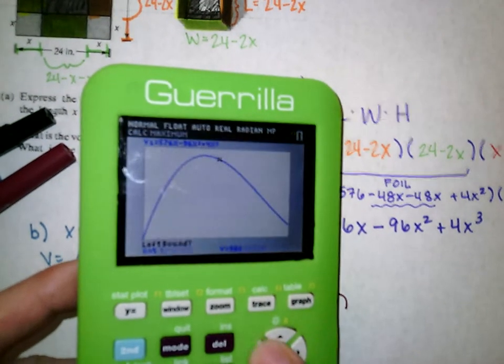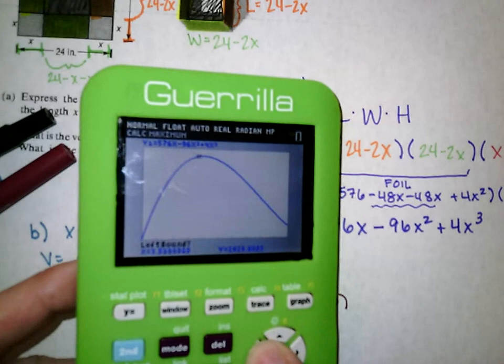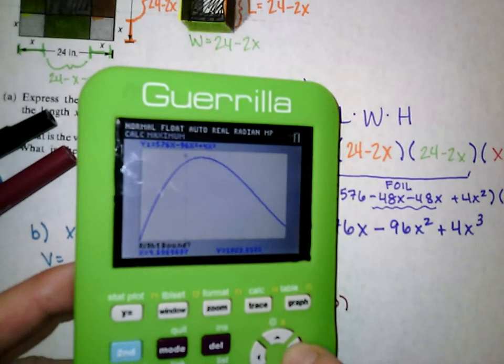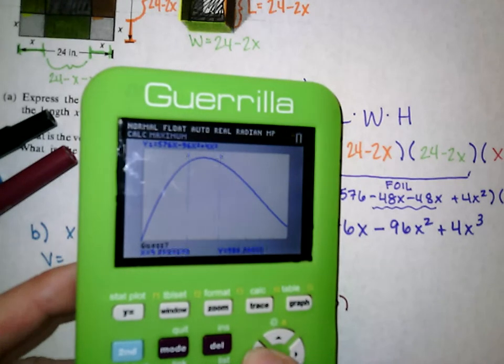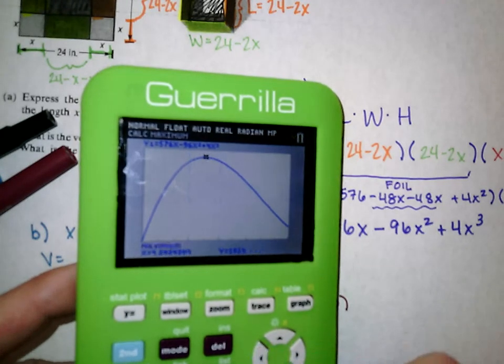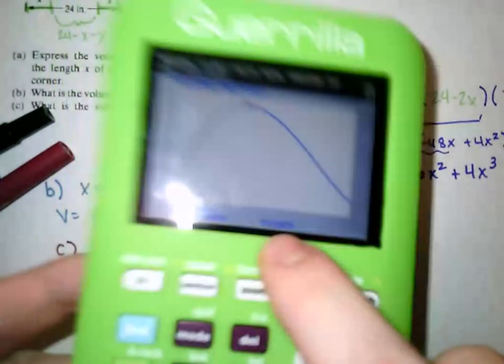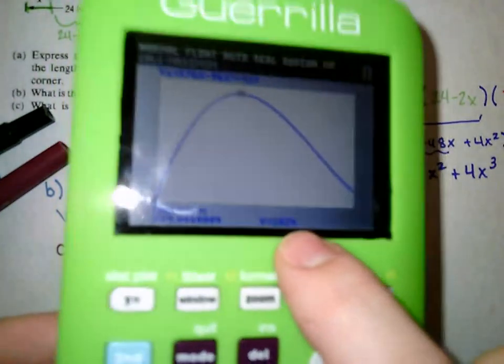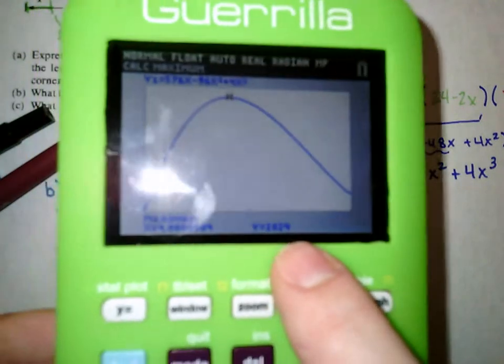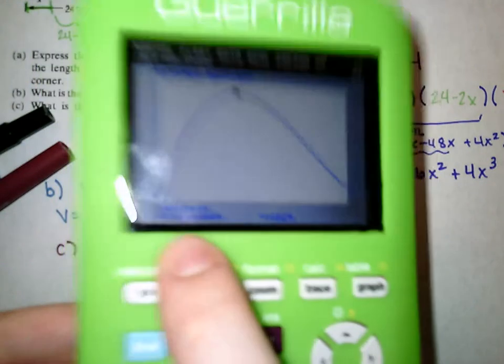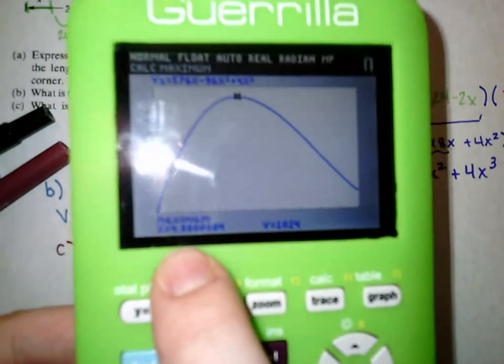So if I go from the left-hand side over to the right-hand side, my guess is the maximum volume of that box is, can you see that? 1,024. So volume is cubic, so 1,024 cubic inches. And it looks like I should cut that flap at 4 inches.